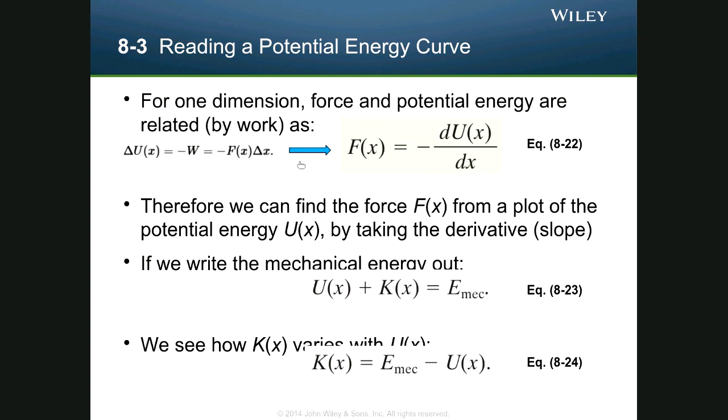And then all we do from there, right? It's not terribly hard. We just multiply. We can say that f is equal to minus delta u over delta x.